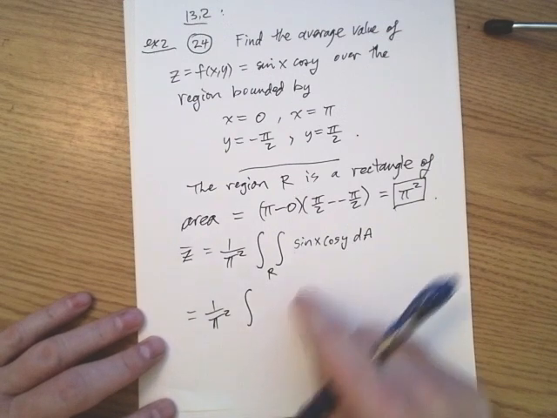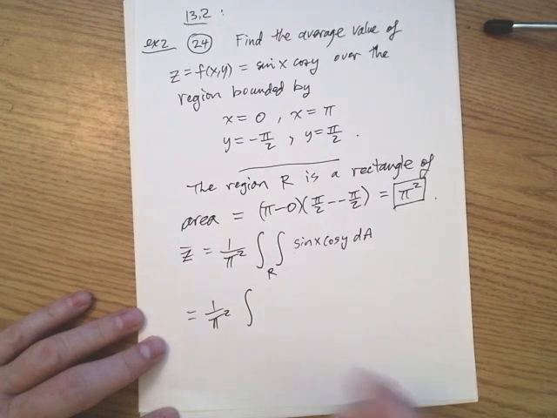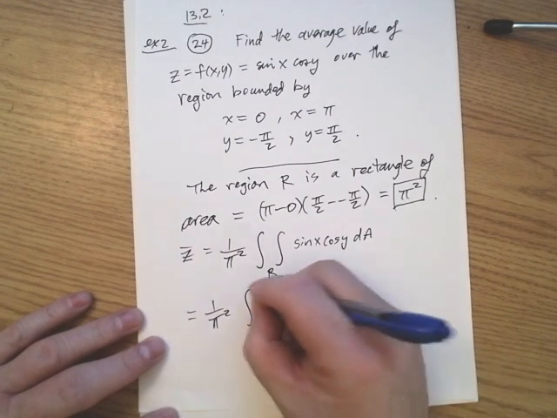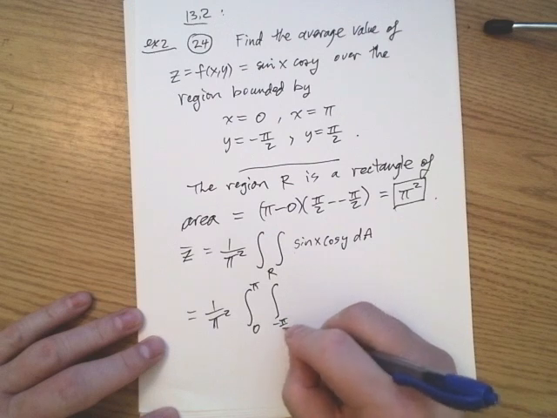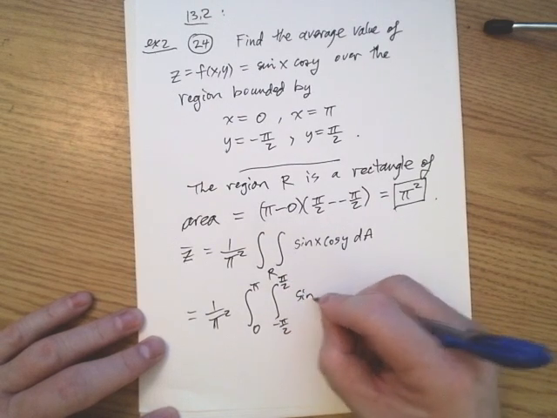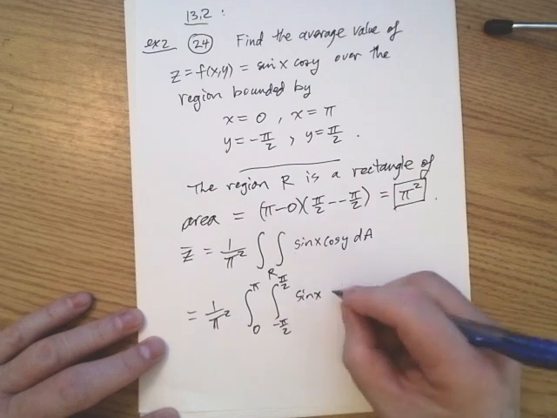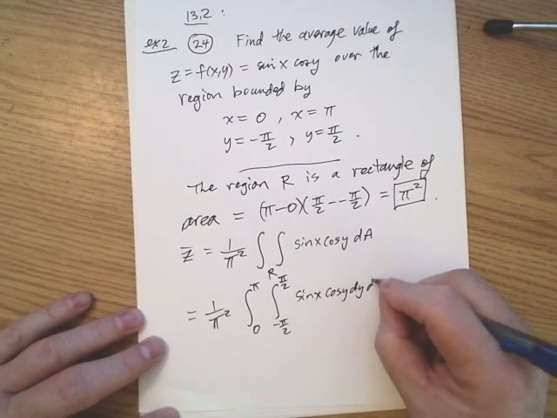Since I have started leading with x here, I'm going to lead with x in here. You guys see x is going from 0 to pi. And now y going from negative pi over 2 to pi over 2. Sine x cosine y dy dx.